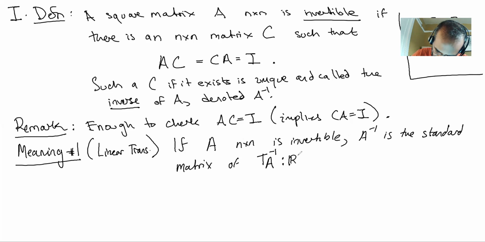That's a linear transformation from Rn to Rn. Okay, so this is the inverse as a linear transformation of TA.